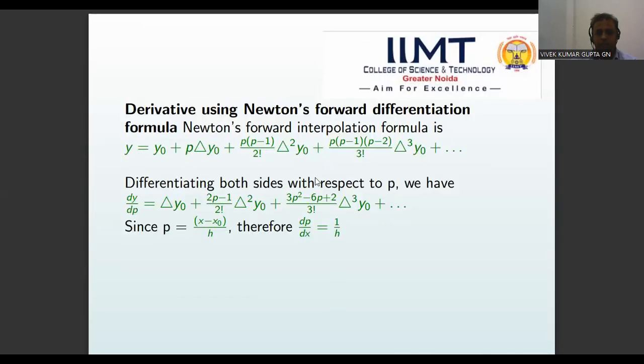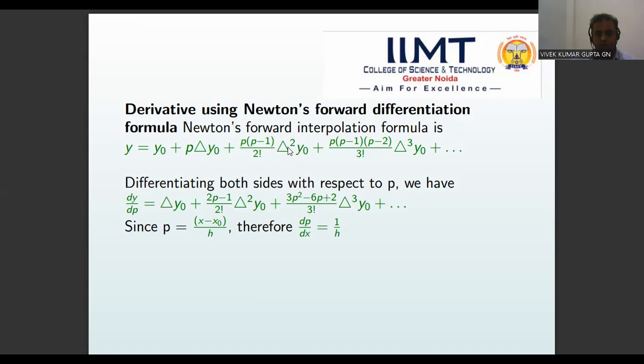Differentiating both sides with respect to p, we have dy upon dp. y0 is a constant, so its derivative will be 0, and p into del y0, where del y0 is a constant, gives dp upon dp equal to 1. Similarly, p square minus p differentiates to 2p minus 1 upon factorial 2, times del square y0.